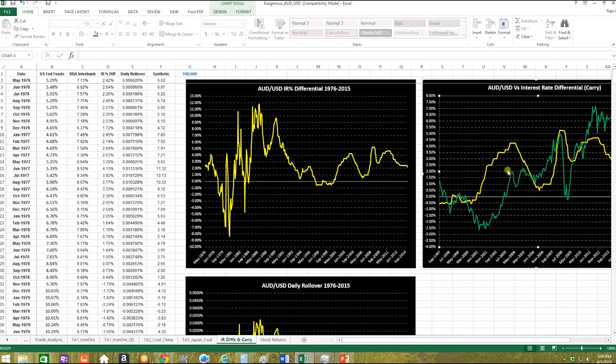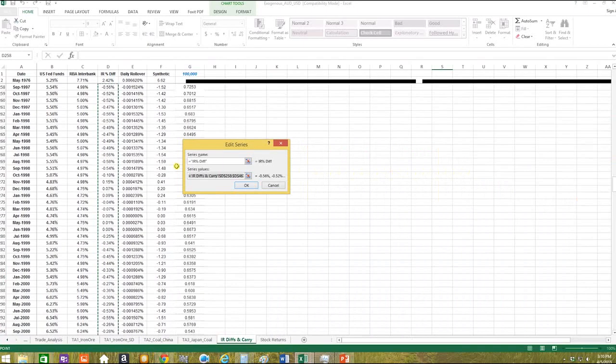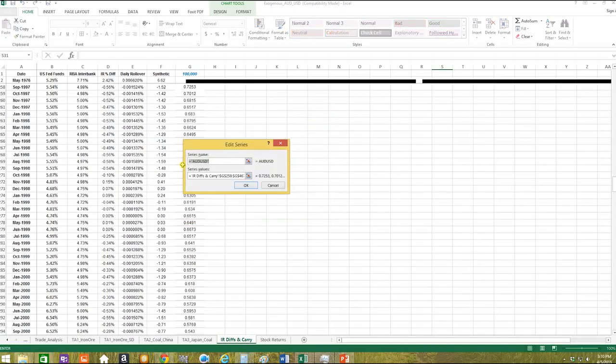Well, if you click on the chart and you reference the interest rate differential, you'll see that the data we're looking at is going back to September 1997. And we're referencing here row 258. And if you go to the Aussie dollar variable, you'll see that we're referencing G258. So we're lining up all of the data to be exactly for September 1997.